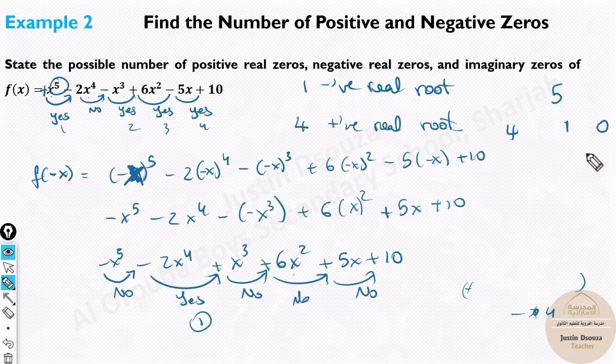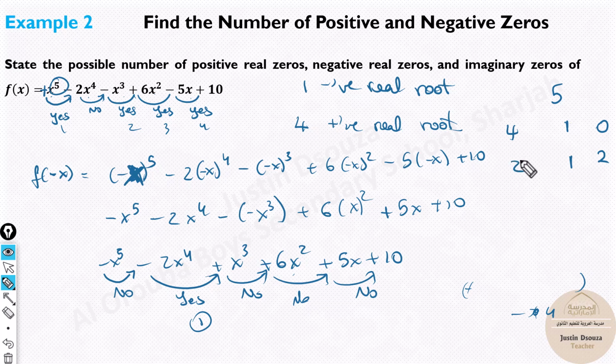So what happens is you can have either 2 imaginary roots or 4 imaginary roots. They will only be in terms of pairs of 2, like 2, 4, 6, even numbers. Why? Because they have to be conjugate, right? They cannot be only plus, only minus. They have to be plus or minus. Now here what we do is, if this is 2, obviously this can't be minus 1, so this will remain the same, and over here it will be 2.